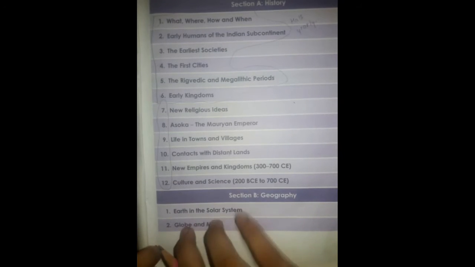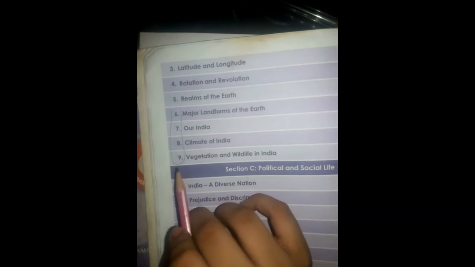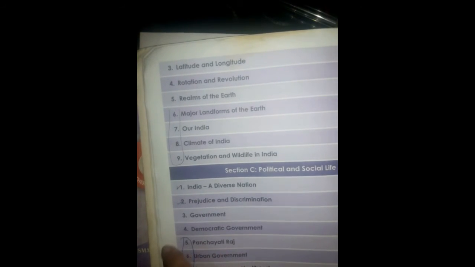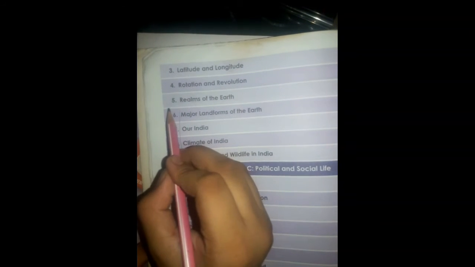Now coming to geography. As you can see, there are 2 chapters minimum, and then this. So there are a total of 9 chapters in geography. It will come till chapter number 5.